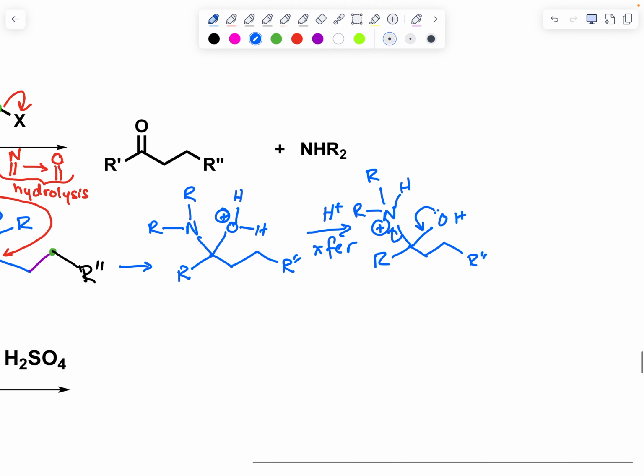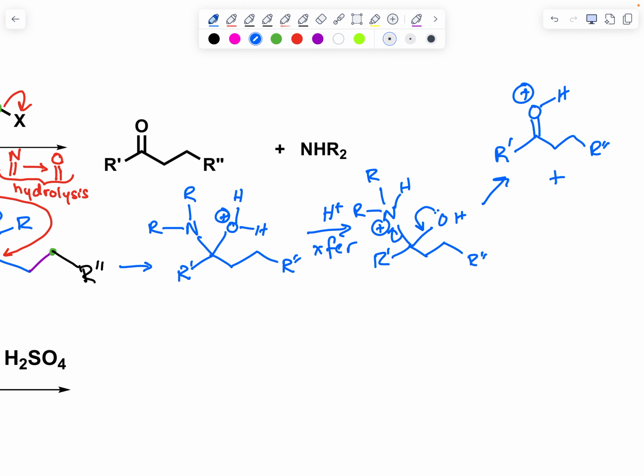We are, in a way, it is the resonance form, where the lone pair on that nitrogen comes down and generates the enolate equivalent.